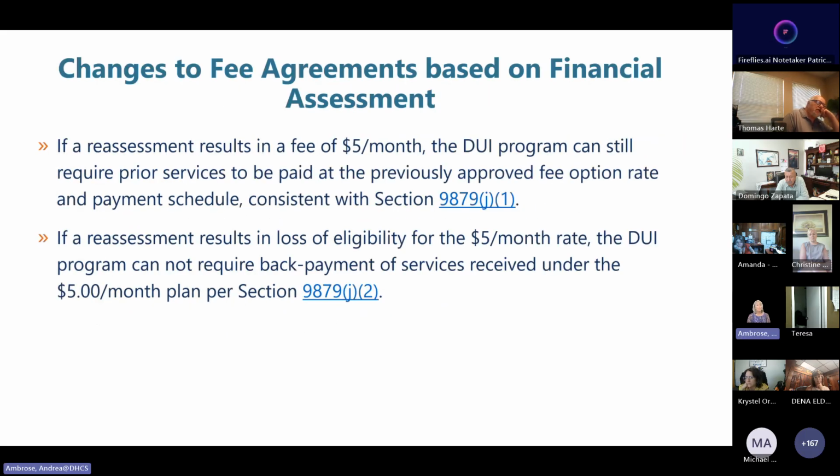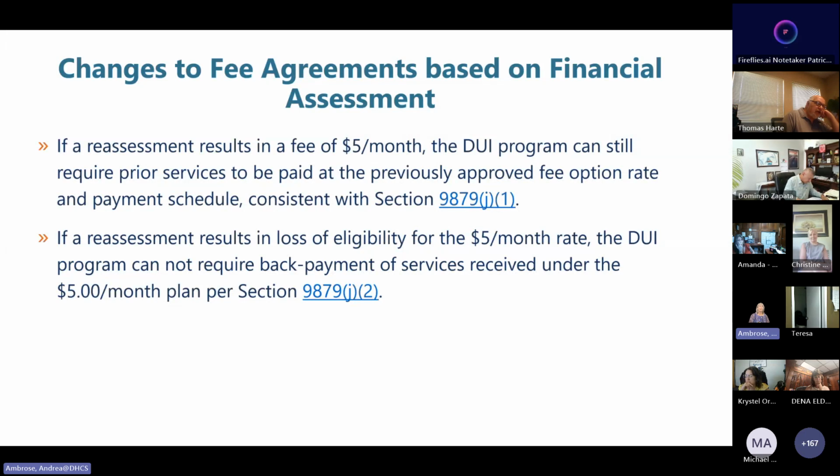So if you do a reassessment and it results in the $5 a month fee, let's say a participant's been attending for a few months and then they bring in documentation and now they qualify for the $5 a month fee.